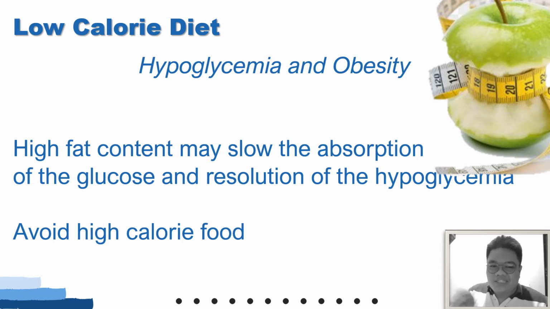Let's eat more, let's eat more. Okay, so it's not helping your patient. That's why there needs to be a low calorie diet. Now, high fat content may slow the absorption of glucose and the resolution of hypoglycemia. That's the reason. And then obviously you should avoid high calorie food products.